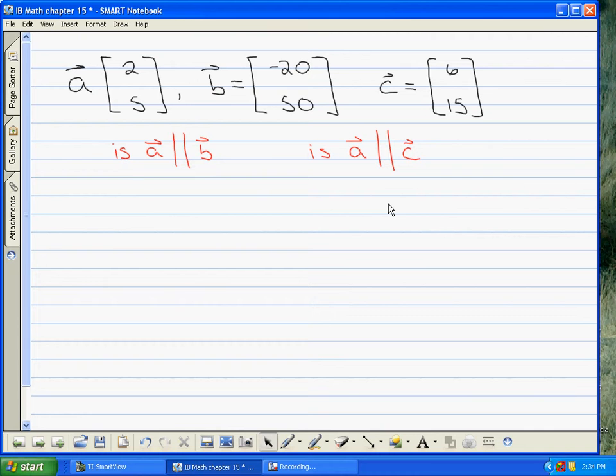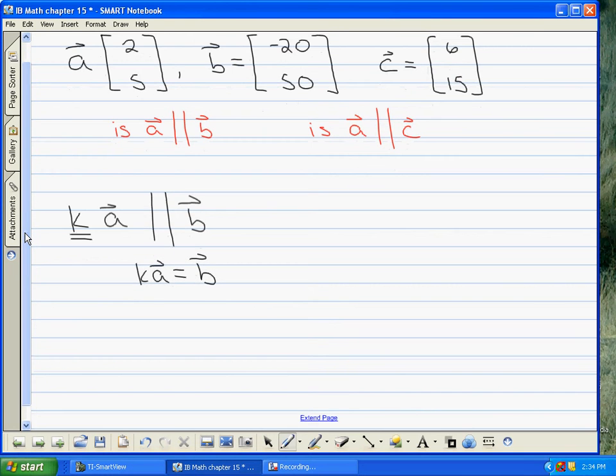Well, according to my equation, vector A is parallel to vector B if there exists some number, k, such that kA equals B. So we start off by simple substitution. K is what we're looking for, and A is 2, 5.